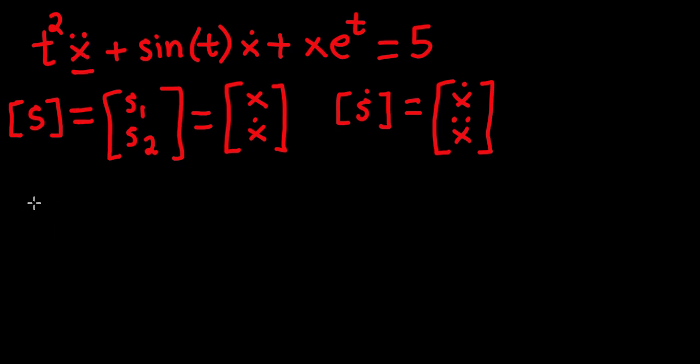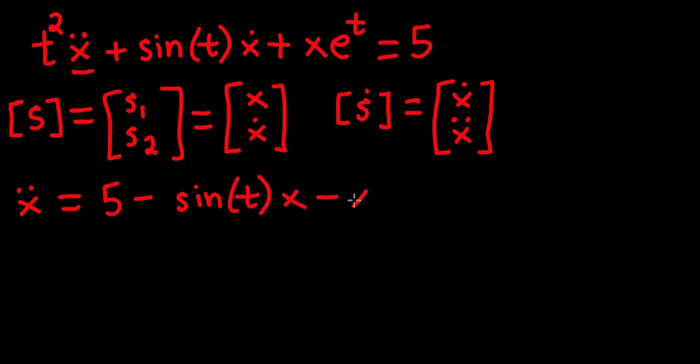So if we do that, we end up with x double dot equals 5 minus the sine of t times x, minus x times the exponential of t, and this whole thing is going to be divided by t squared. So there, that's pretty easy.